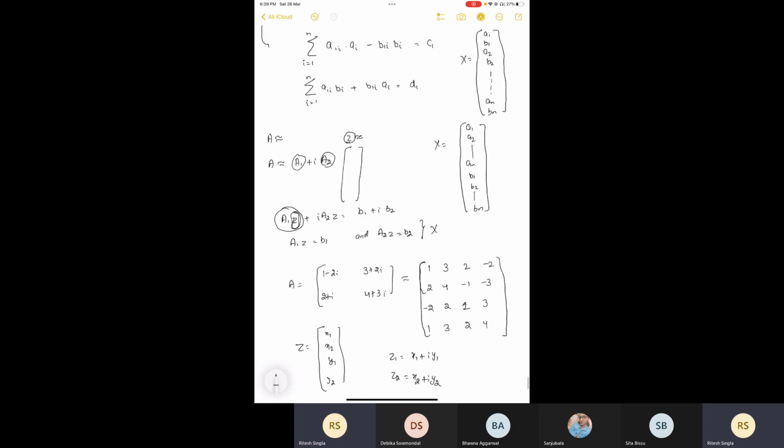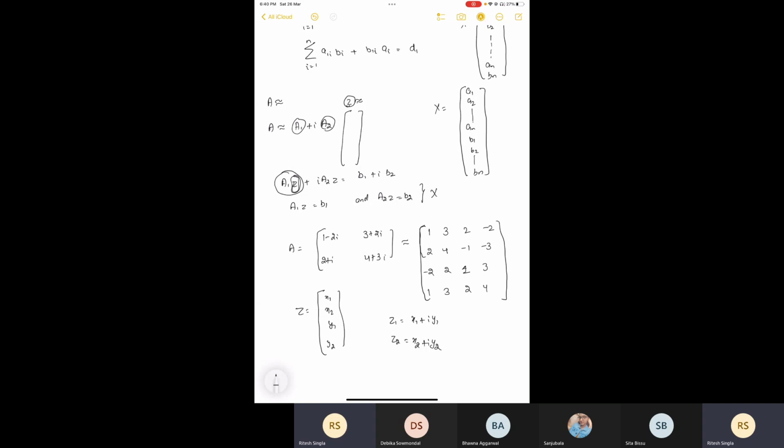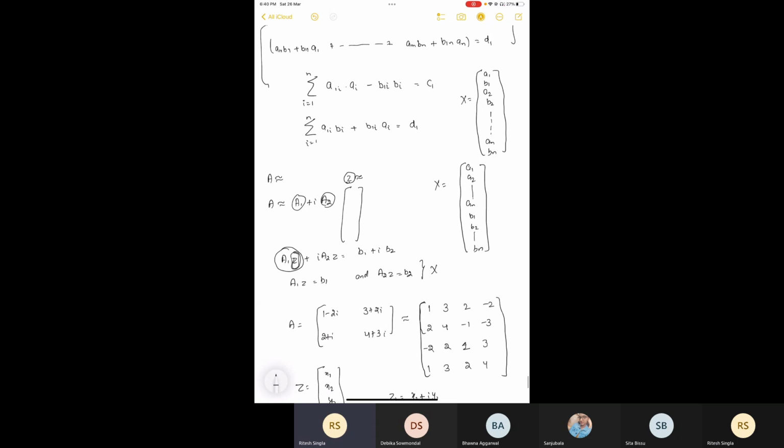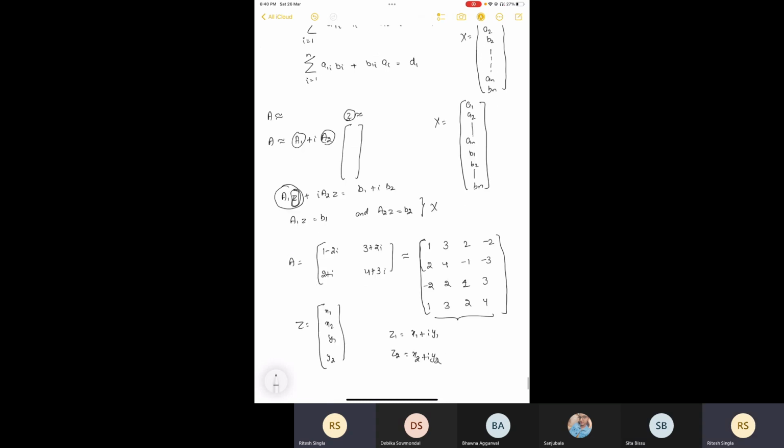Okay, so let us see whether we can do it from here also. Whether you are getting the same matrix or not. If you are getting the same matrix, then things are fine, right? Okay, let us do that.